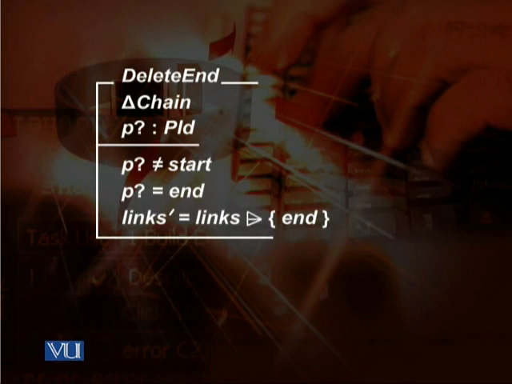Now when we delete from the end, we change links by taking the element that was present at the end out of the range of links. When we take that from the range, that means it is no longer available, and hence the set of links has one less entry.